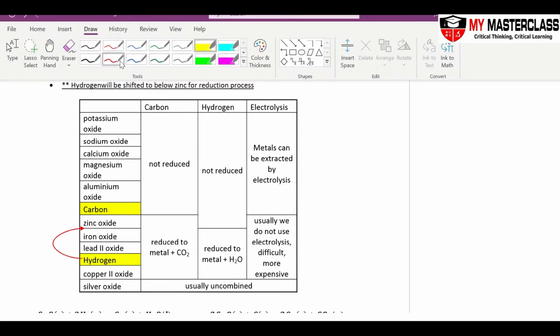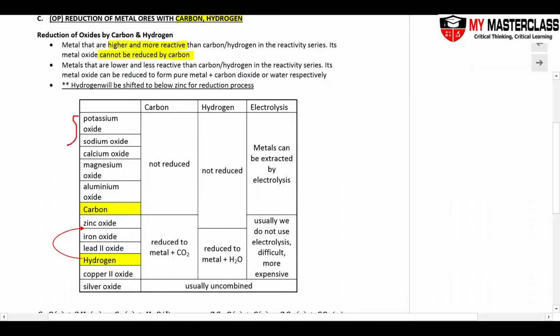These metals, especially group 1 and group 2 up to group 3, aluminium, are more reactive and higher in the reactivity series, so I cannot extract them using carbon and hydrogen.